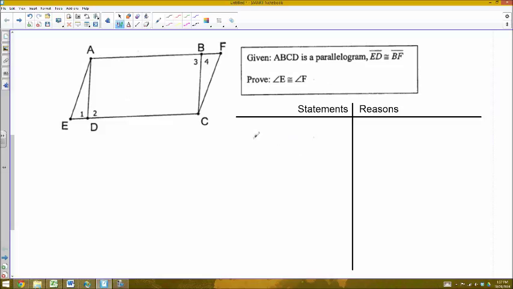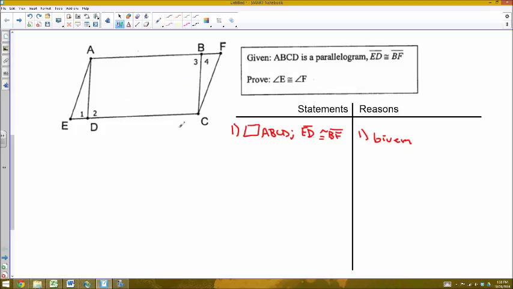So in this example, given that ABCD is a parallelogram, so we have parallelogram ABCD, and that ED is congruent to BF, I want to prove that angle E is congruent to angle F.